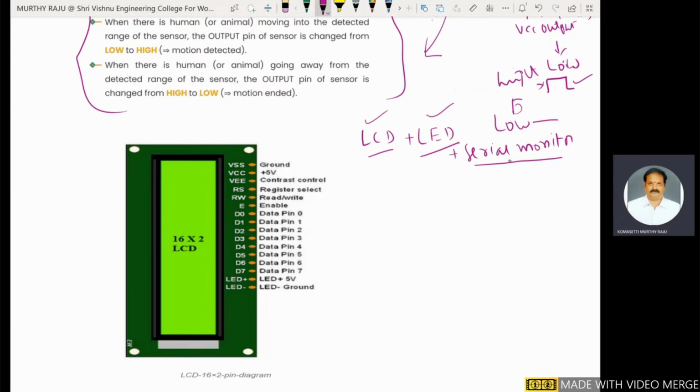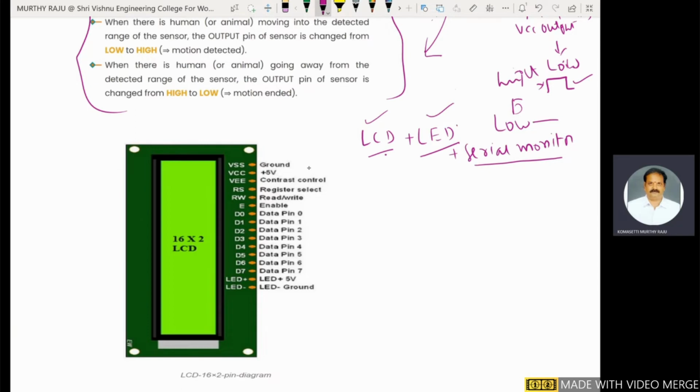When the person moves away from the sensing region, the sensor pin value changes from high to low. That means low value, the LED is off, and on the LCD, the object is not recognized. In the serial monitor, that value is 0. This is the main idea behind the PIR sensor action.